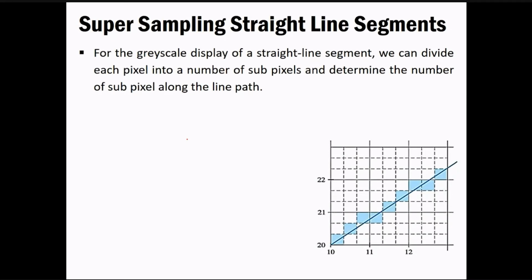For the grayscale display of a straight line segment, we can divide each pixel into a number of subpixels. Keep this in mind: each pixel is divided into a number of subpixels, and we determine the number of subpixels along the line path.